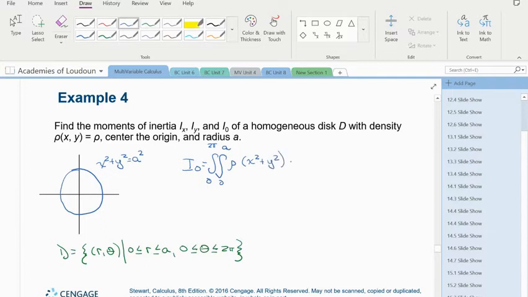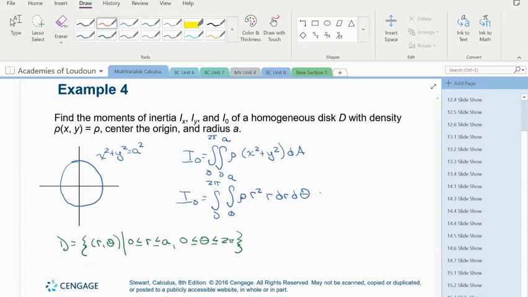And again, we're trying to convert this to polar, so we end up with I naught equals the integral from 0 to 2 pi, 0 to a, of rho r squared times r dr d theta. And lastly, because rho is a constant, we can pull it outside of the integral, so we have the integral from 0 to 2 pi, 0 to a, of r cubed dr d theta.